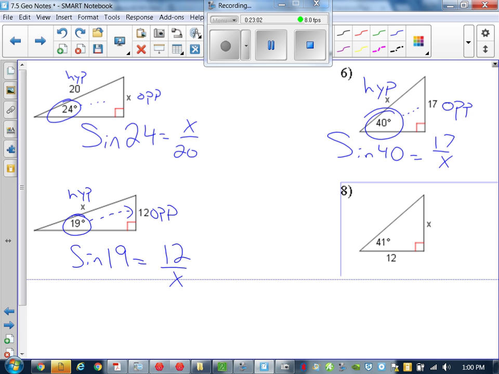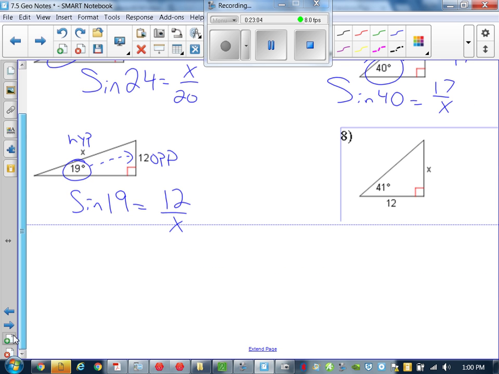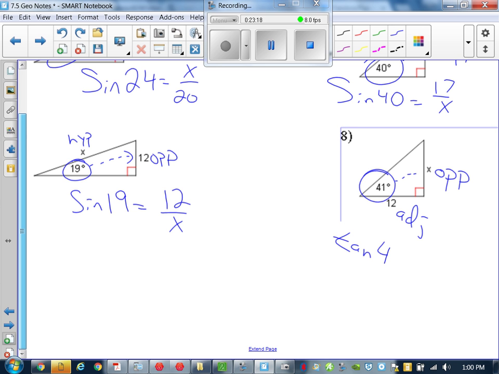And the last one. Circle the 41. X is its. 12 is its. What trig function? Tangent. And that's what this looks like.